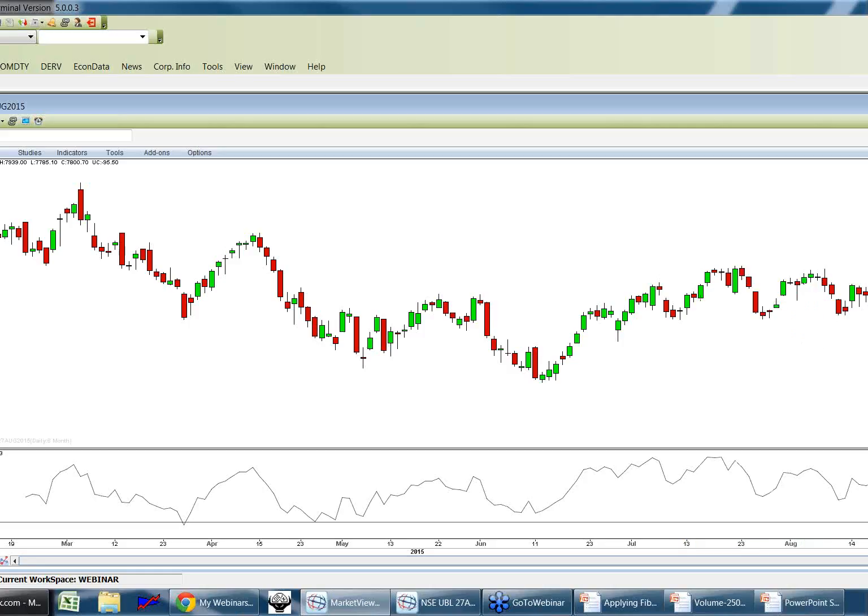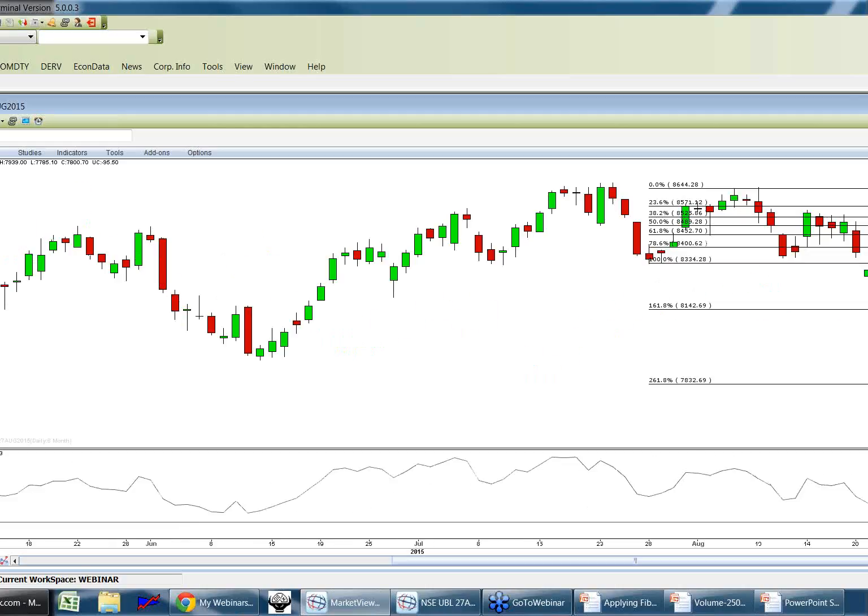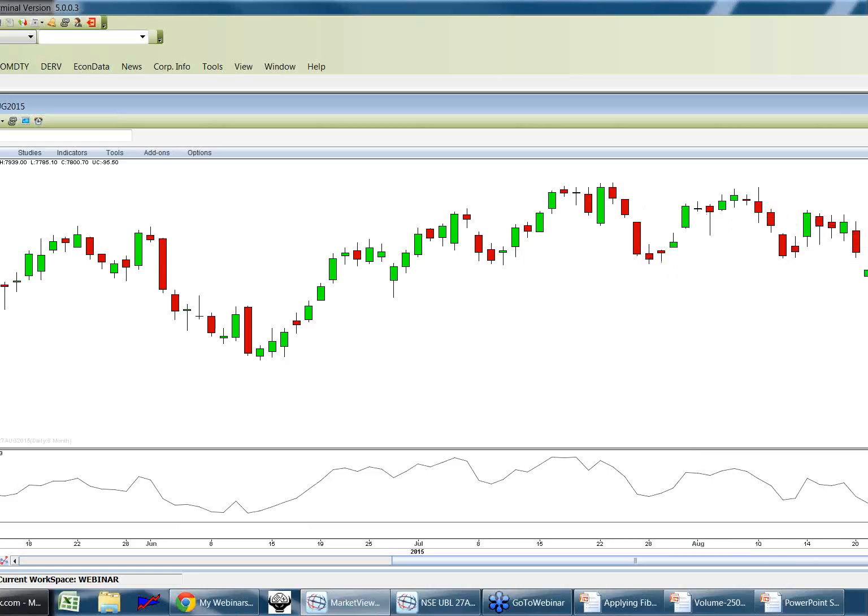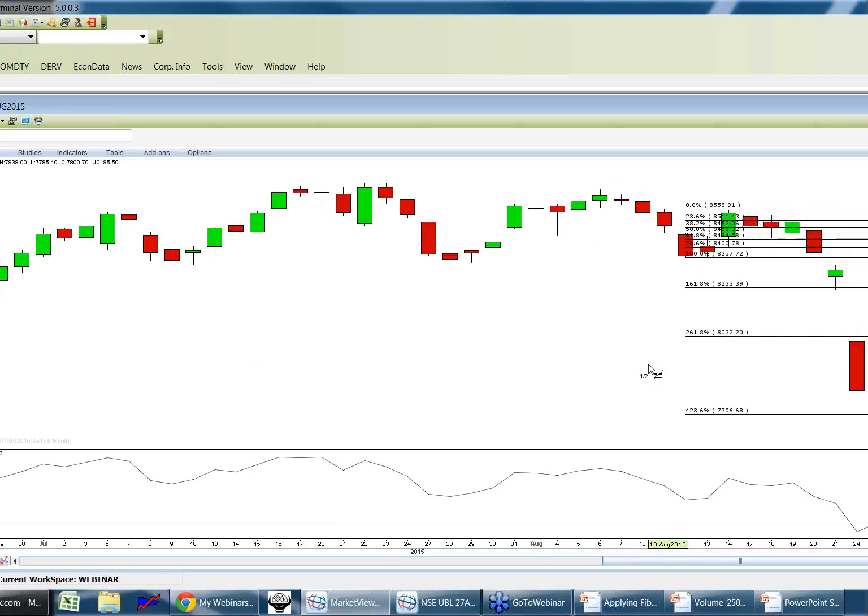It's forming lower lows. So in that case, take the contra swing. We'll first do of this swing. Then we find it is not holding on to this swing. Now, if you do of this swing, you would see it's holding on to 423.6, which is again a non-standard one.